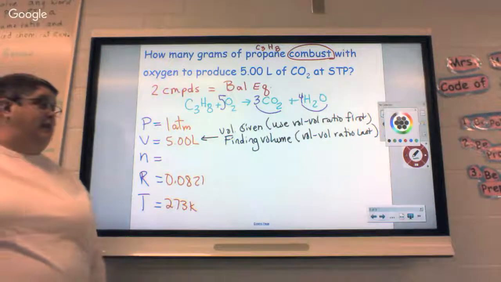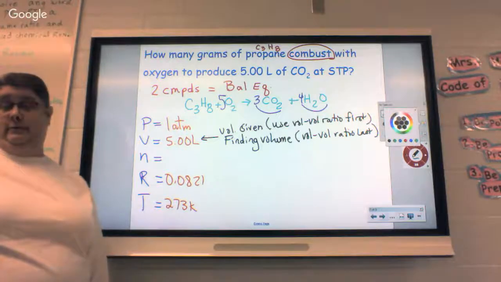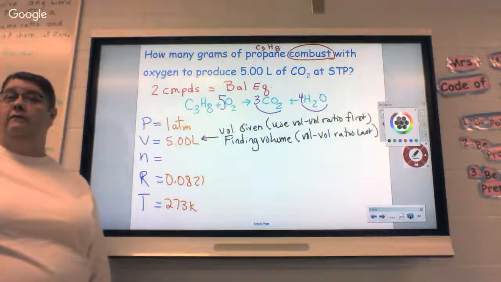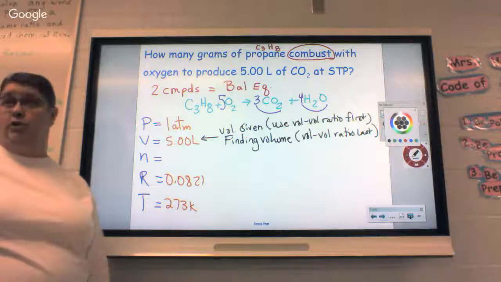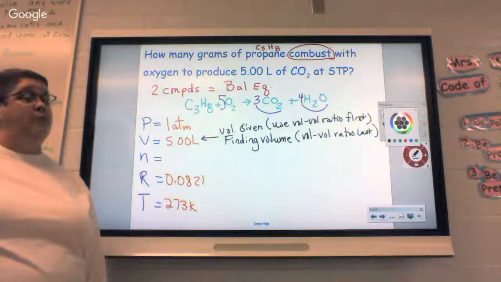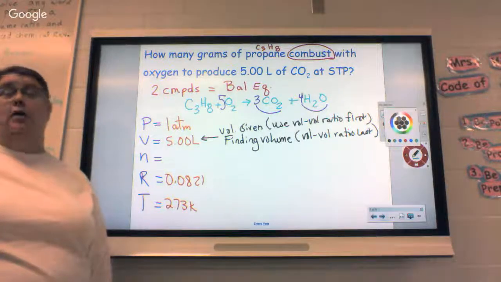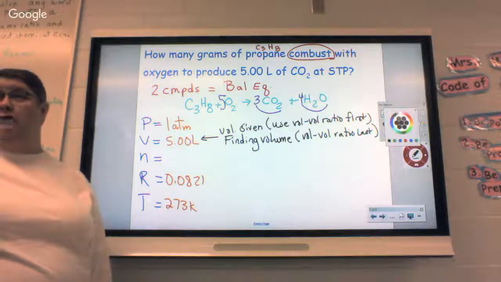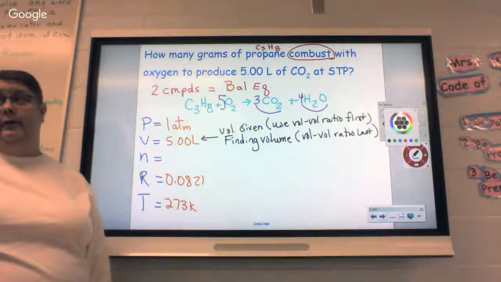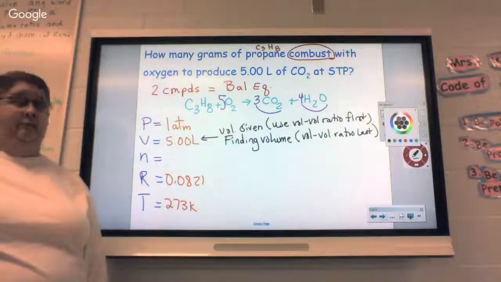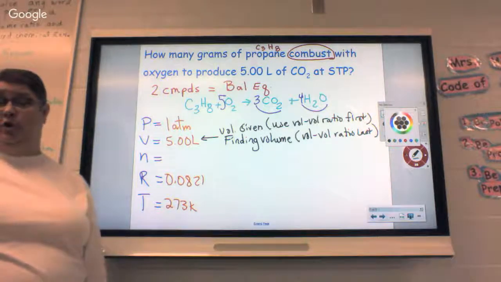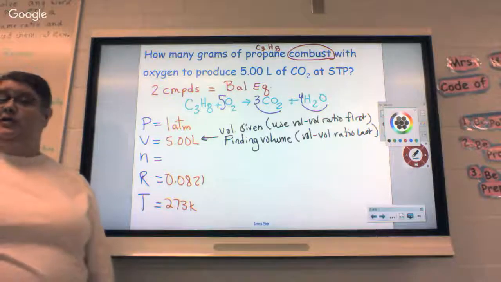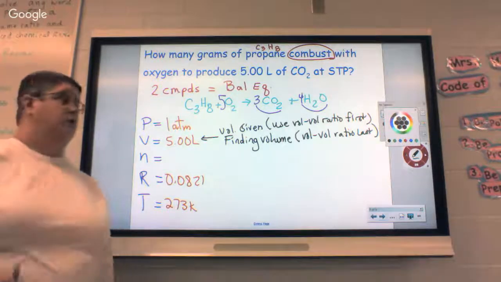But since the volume is given, we're going to do the volume ratio first. And the next problem, we're going to find the volume. So we're going to do the volume ratio when? Last. Okay, so it's going to depend on what's given as to when you do it. But in this case, it's first, so I'm going to do it first.